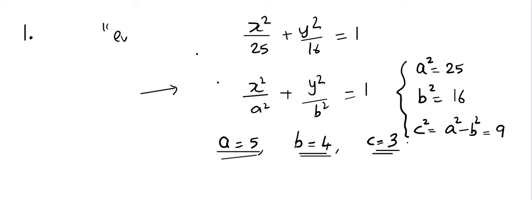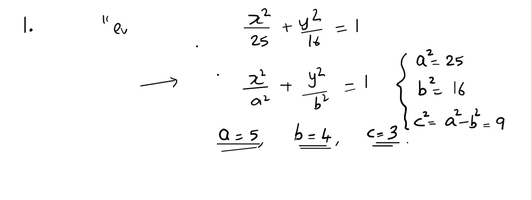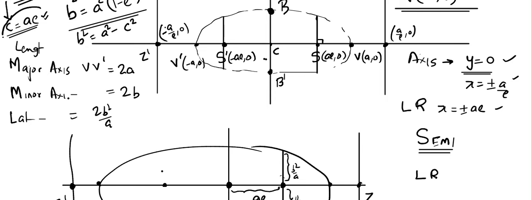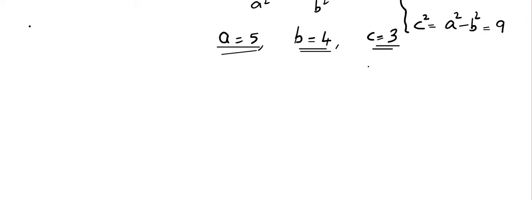And I told you, for those people who use this C method, there is an advantage, and the advantage is in finding the eccentricity. Can you see the relation? They have the relation C is equal to A into E. So E will be C by A, and that will be equal to 3 divided by 5.